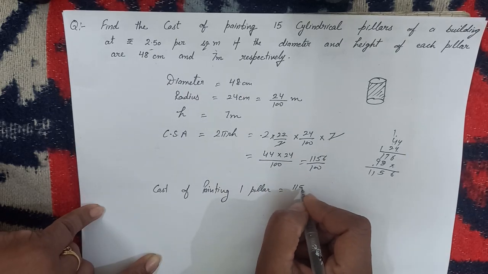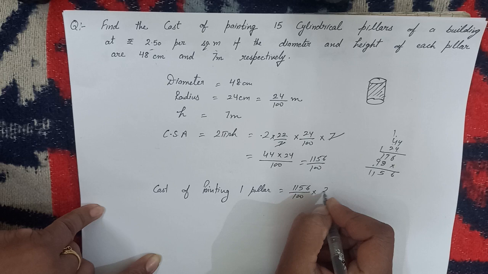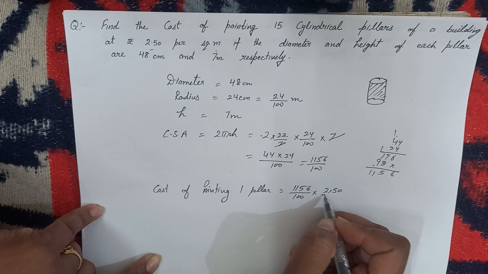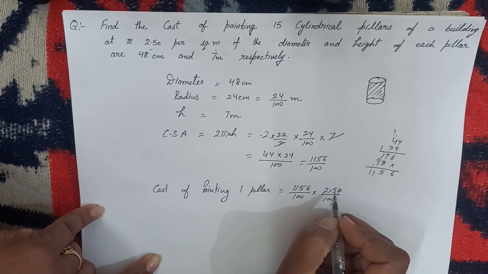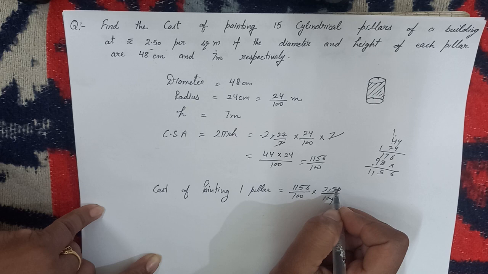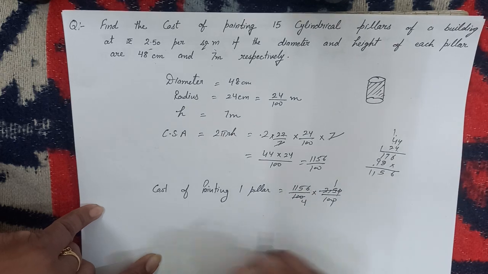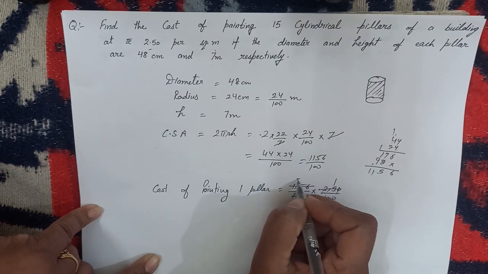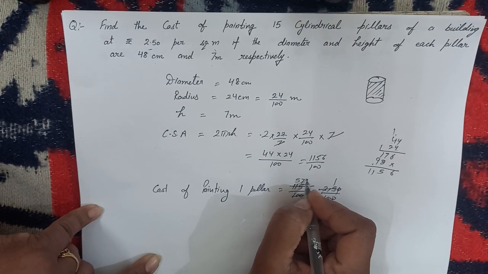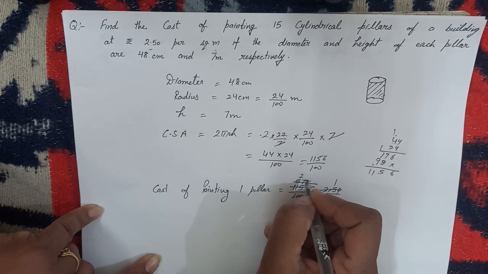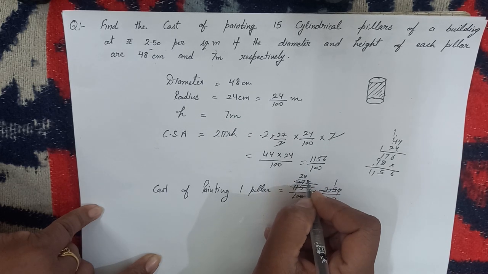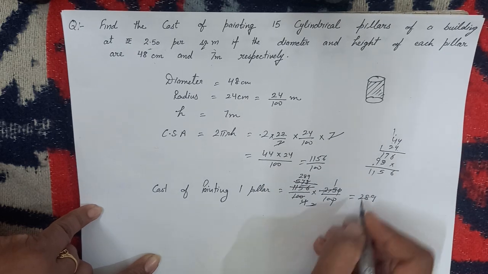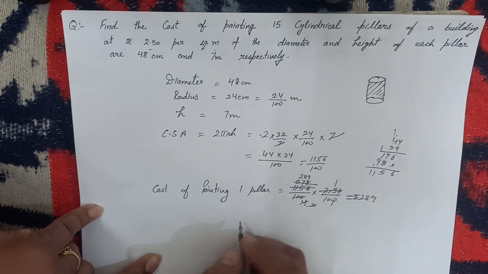The point will be removed and we will get 100 there, 0 will cut 0. 25 ones are 25, 25 fours are 100, and on a table of 2 again, 5 twos are 10, 7 twos are 14, 8 twos are 16, 2 twos are 4. So we get 289 rupees as the cost of one pillar.